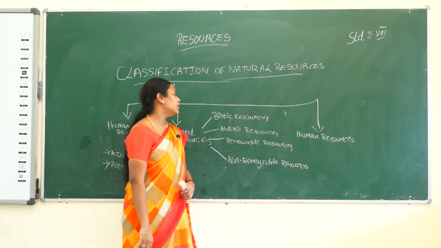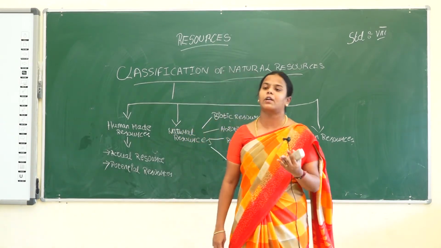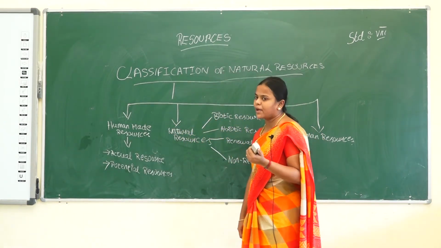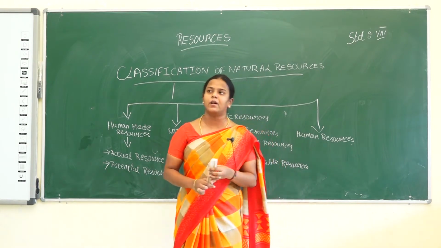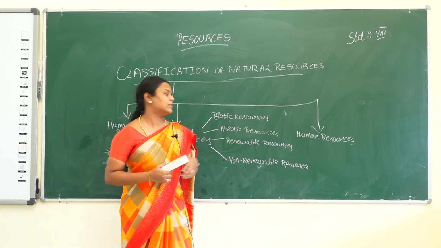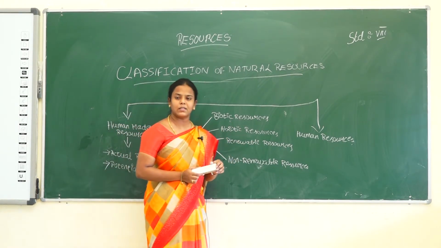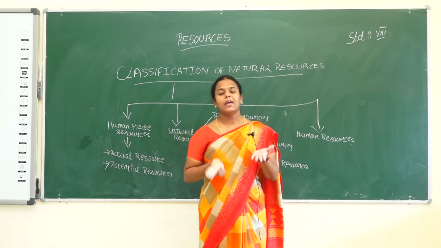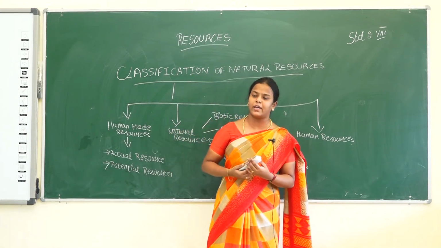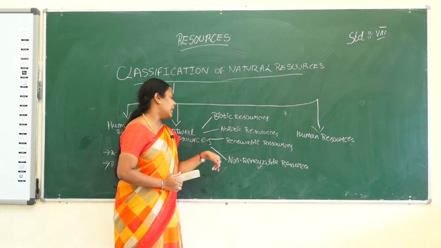non-renewable resources. Biotic deals with plants and animals, that is, the living organisms, and abiotic resources stand for non-living things such as air and water. Renewable resources can be easily renewed in nature, so their lifespan is short.